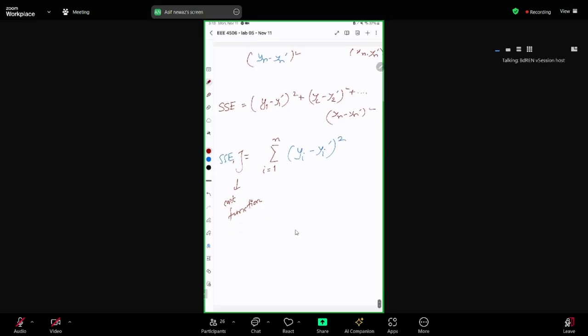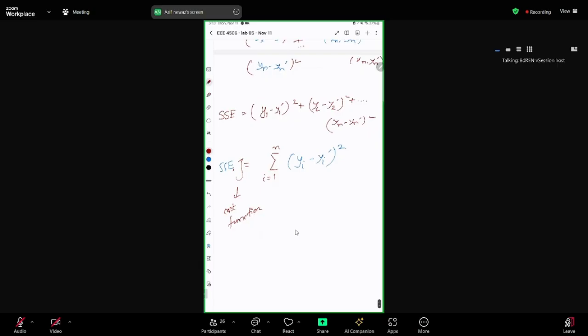So with J, my cost function. Cost function means the cost of prediction.